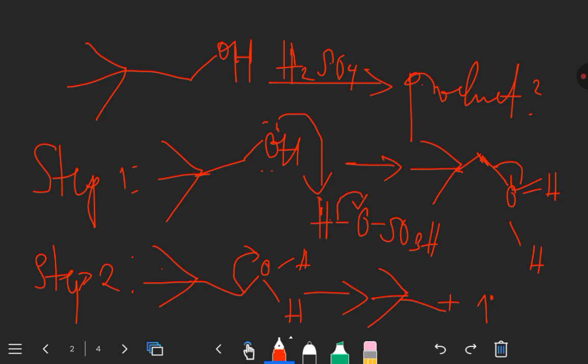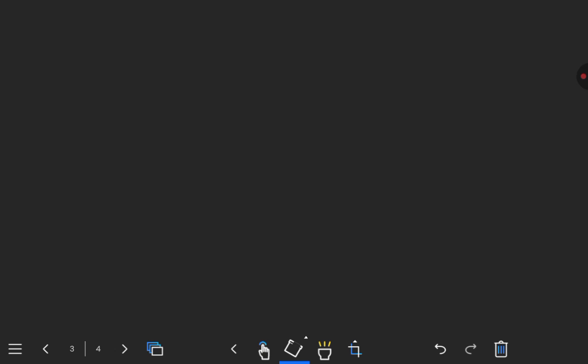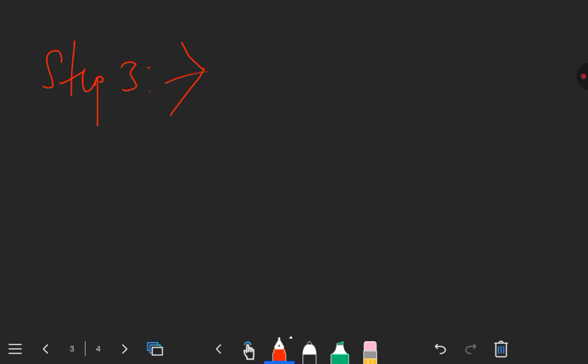So let me go to the next page. Okay, so this will be our step 3. From what we had, we'll do what is known as a methanide shift.